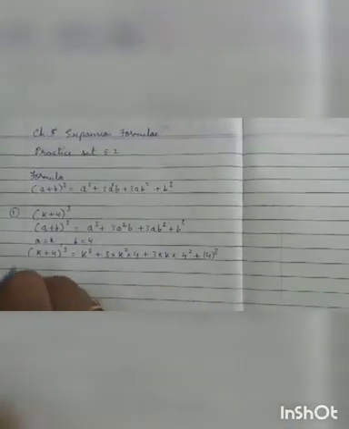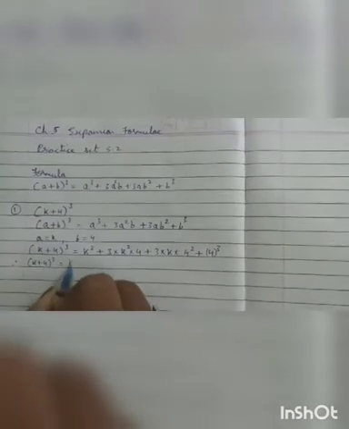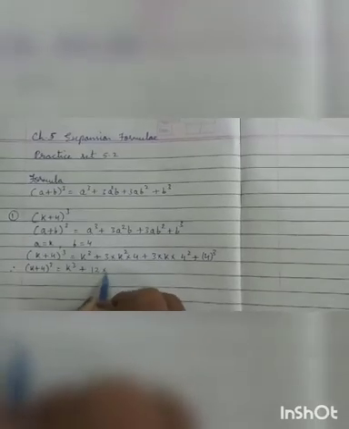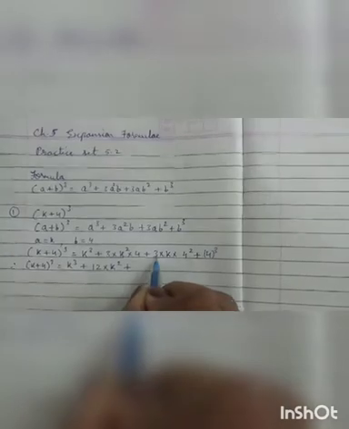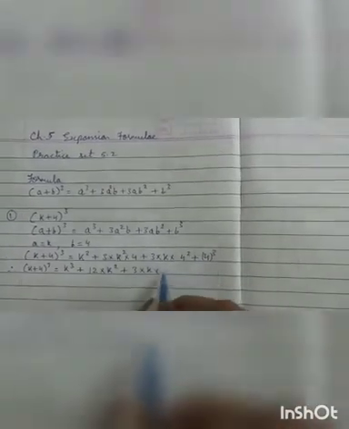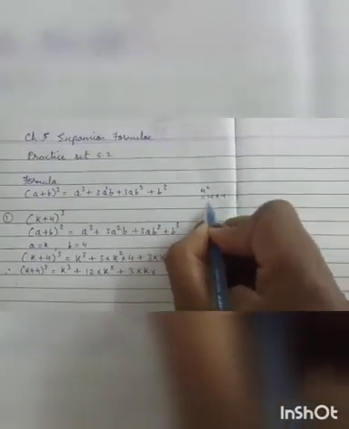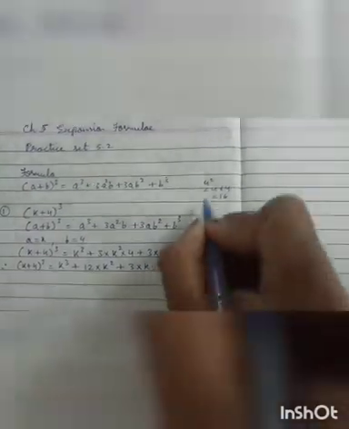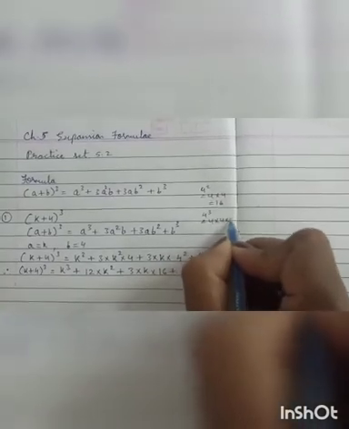So we will get, therefore, (k + 4)^3 equals k^3 plus 3 4s are 12 into k^2, plus now 3 into k into 4^2. 4^2 means 4 into 4, that is equal to 16. Next is 4^3, that means 4 into 4 into 4.